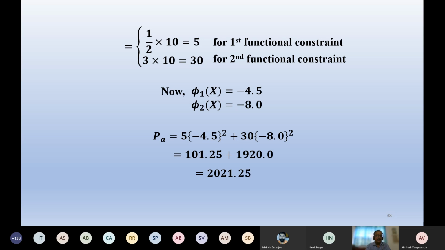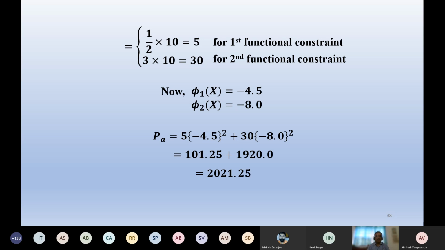This is the way you can find out the penalty values. Once you have the penalty values, you modify the fitness either by adding or subtracting, depending on the nature of the problem.